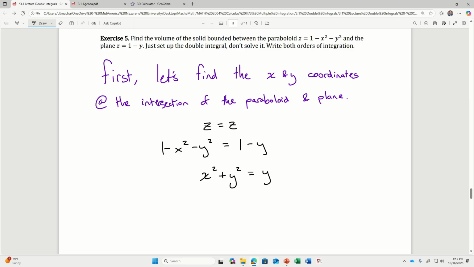I mean, I guess you could use the quadratic formula. But it would be easier to solve this equation for x. So let's just solve it for x and keep our lives as simple as possible. And so x is going to be plus or minus the square root of y minus y squared.